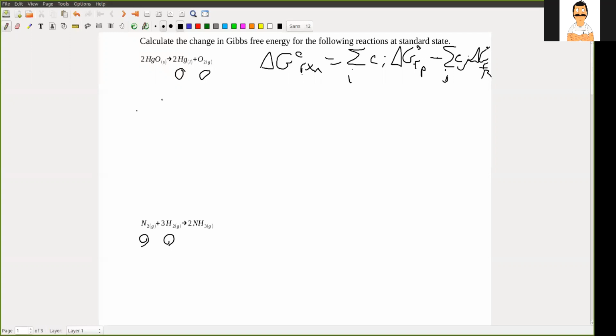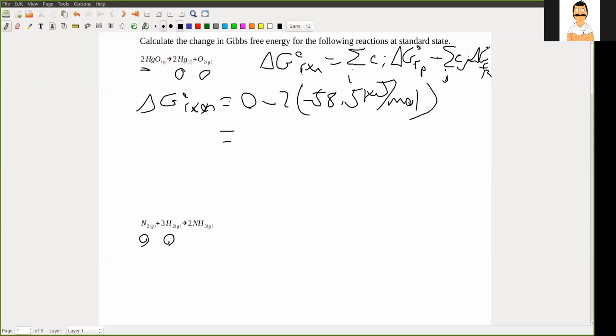So we're starting with delta G. In the first case, delta G of the reaction is equal to 0 minus 2, because of the coefficient 2, times the delta G of formation for mercury oxide, which in this case is negative 58.5 kilojoules per mole.